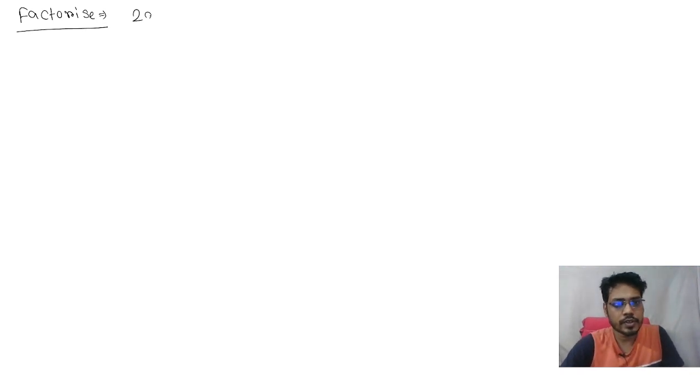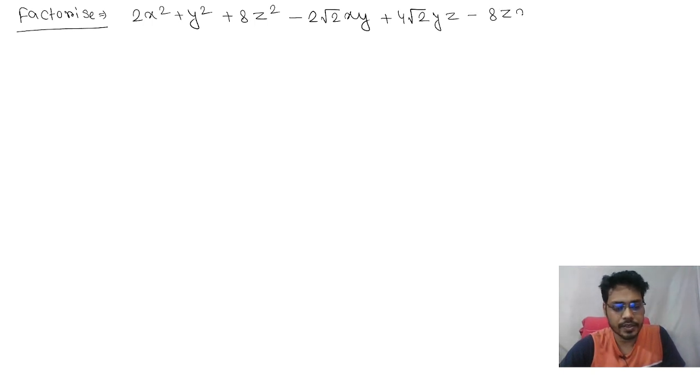Now next one, if you have to factorize this one, so factorize 2x square plus y square plus 8z square plus, here you can take, minus 2 root 2 xy plus 4 root 2 yz minus 8zx.